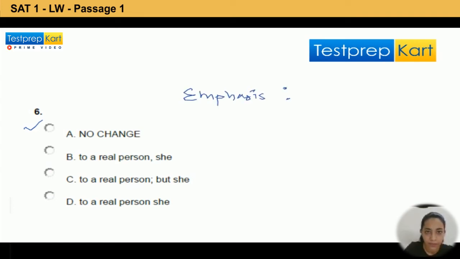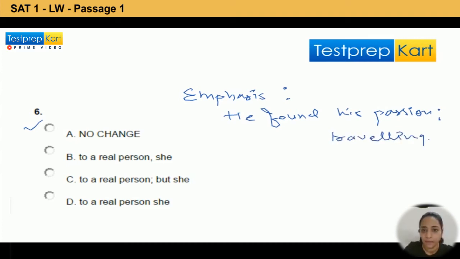How do we use that? Let's say he found his passion: traveling. What I'm saying is what his passion is. Passion is traveling. This is how colon is used to give some sort of emphasis, right?